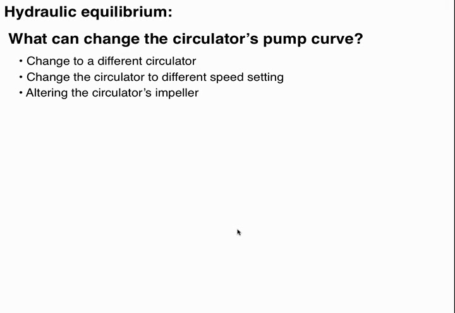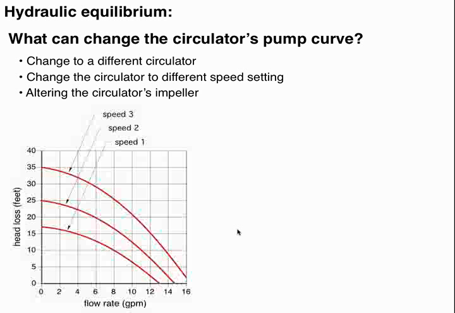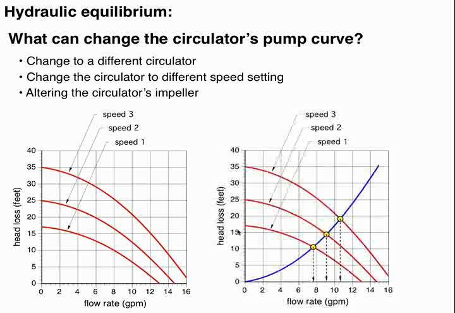The idea of taking the impeller off and machining it down, I won't say it's gone, but it's certainly less common. But if you machined a 1/10 of an inch off the perimeter of the impeller, that is going to change the curve. Here's an example of 3 pump speeds. It's the same circulator, but with 3 different speed settings, a switch that you would change.